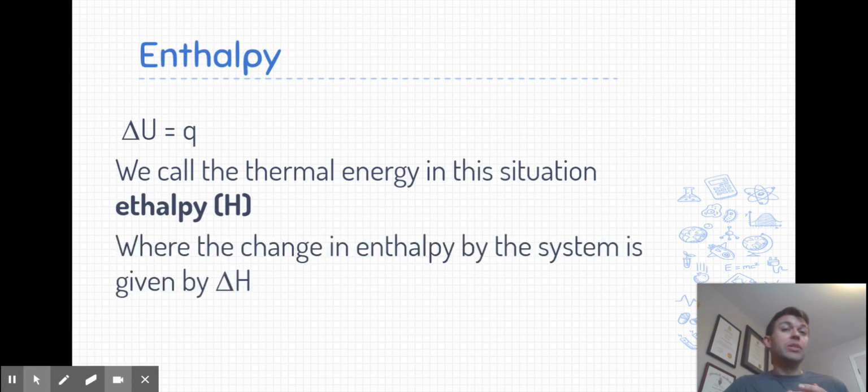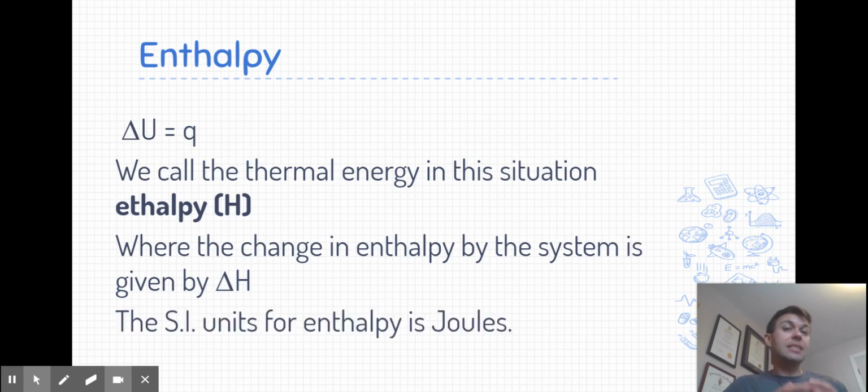And when we talk about a chemical change that involves a heat transfer, the change in enthalpy is given by the symbol delta H. This is an energy term, so the SI units for enthalpy are joules. However, you'll see that in most situations, we will be using kilojoules because that is the magnitude at which most chemical reactions that we will be studying occur.